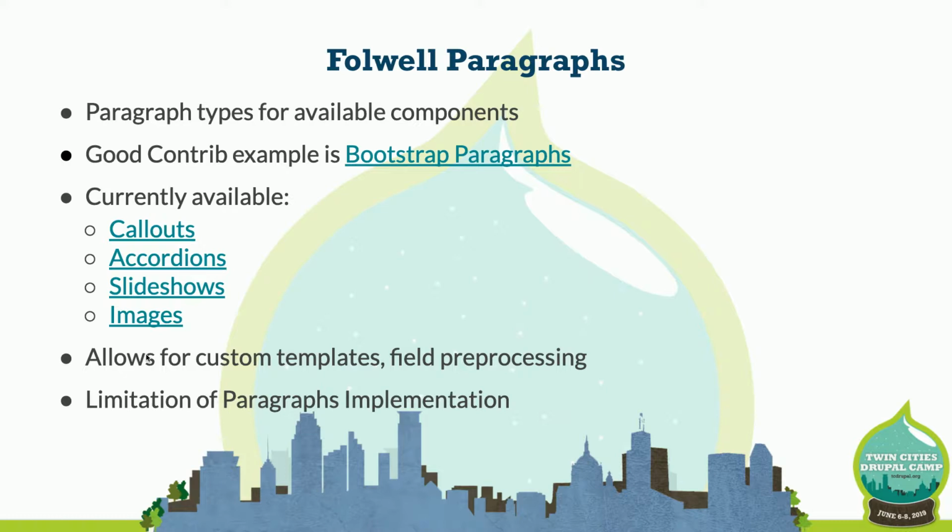So it's an iterative process. We had a set of core components that we needed to get into place right away. We're continuing to add to them, but using paragraphs as the way to do it on a node-by-node basis is a really good way to implement that, as something that you can put that paragraph type in place and have it usable right off the bat without anybody having to create fields or create paragraph types and the like.